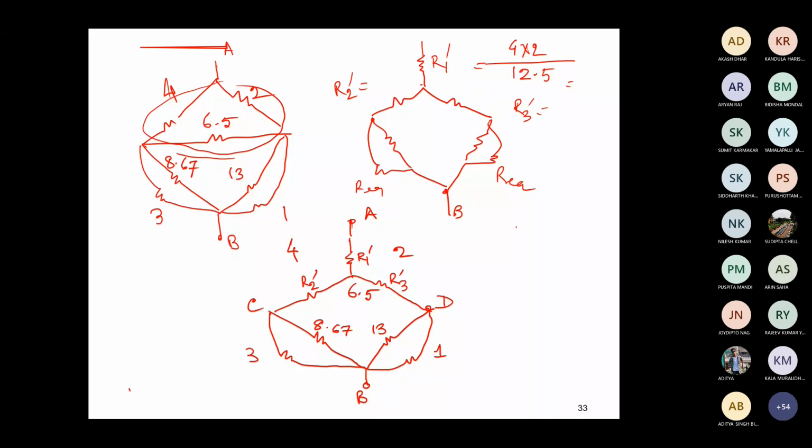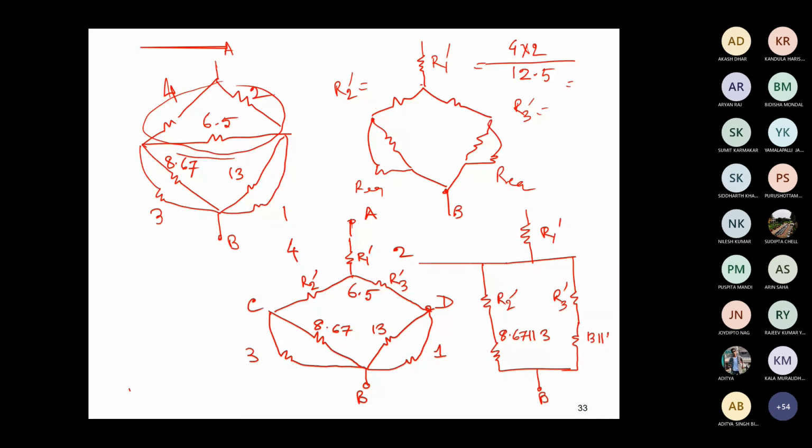So ultimately if you reduce it, it will come as R1 dash and then these two parallel paths. So this is R2 dash, R3 dash, and if you get the equivalent, it is 8.67 parallel 3 and then 13 parallel 1. So you can get it straightforwardly once you calculate this.